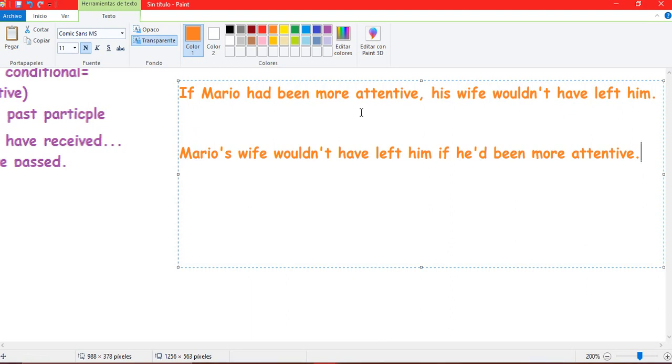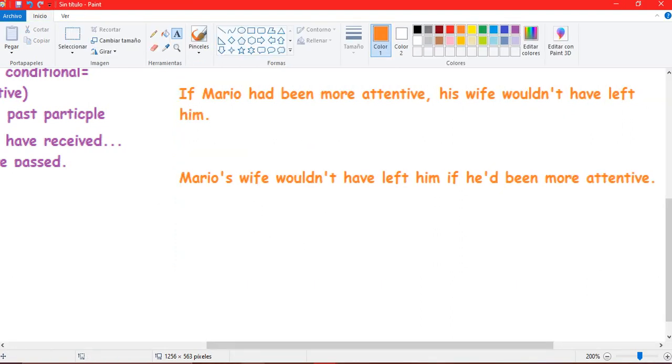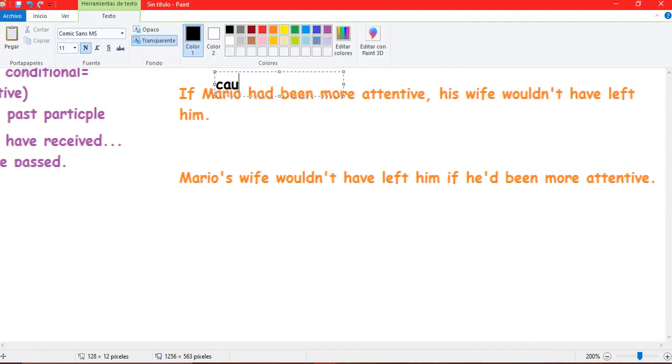Okay, if Mario had been more attentive, his wife wouldn't have left him, or Mario's wife wouldn't have left him if he'd been more attentive, like this. So in this case, if Mario had been more attentive is the cause. Okay, this is the cause.